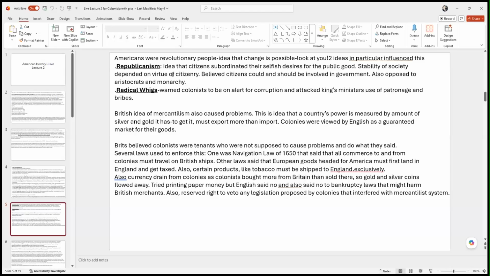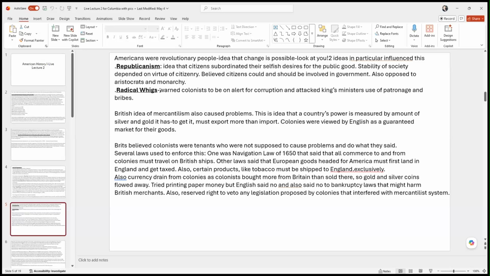The political party is the Whig Party in England. This is the British political party in the British Parliament. And there's a branch of the Whig Party called the Radical Whigs. There weren't very many of them, but they were very supportive of the Americans. They believed that the colonists had a firm case.